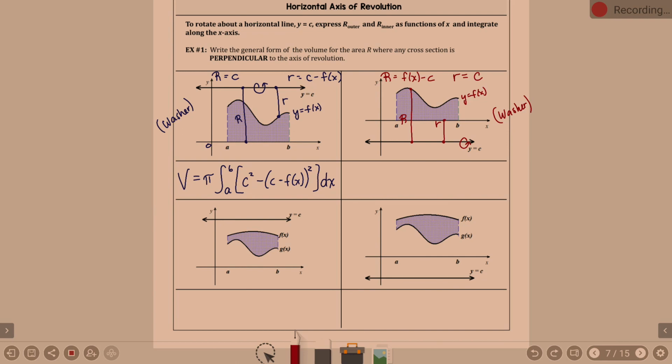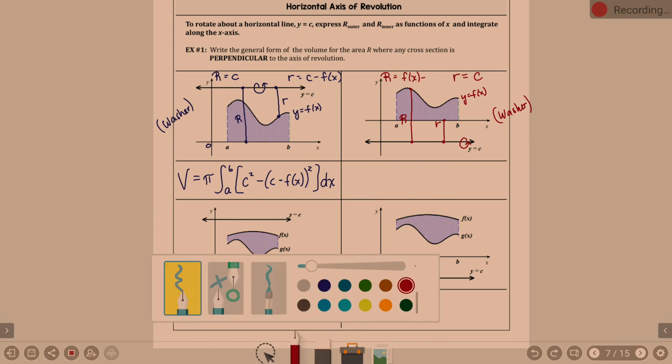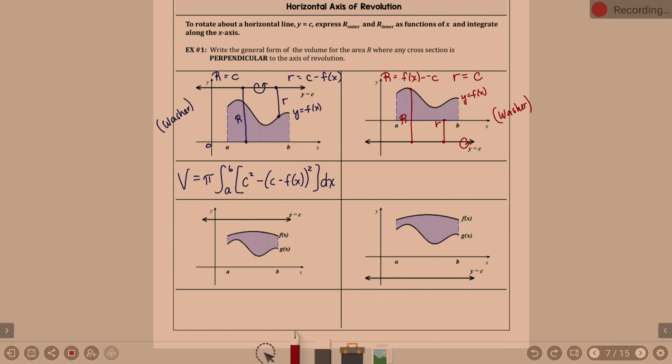Because c is below here, we think negative value. So with that in mind, this should have been f of x minus negative c, so plus c. I'm going to write it as minus negative c for right now.